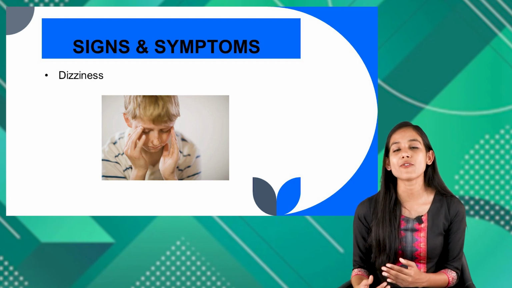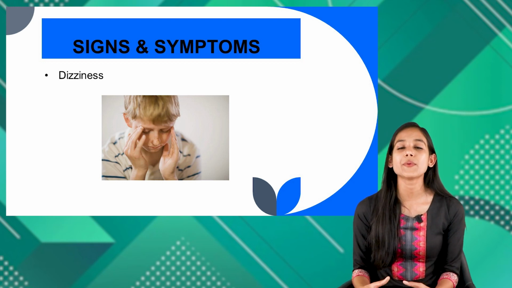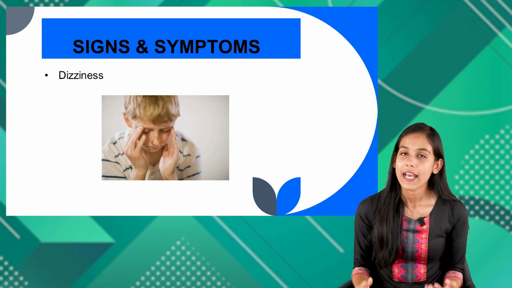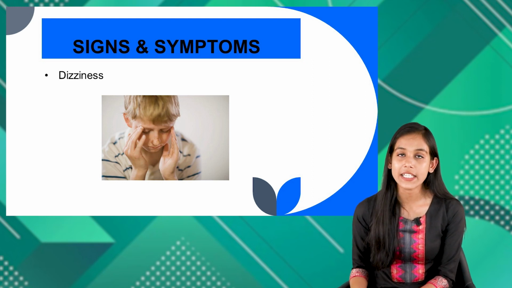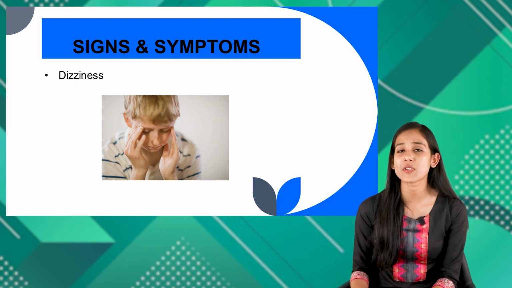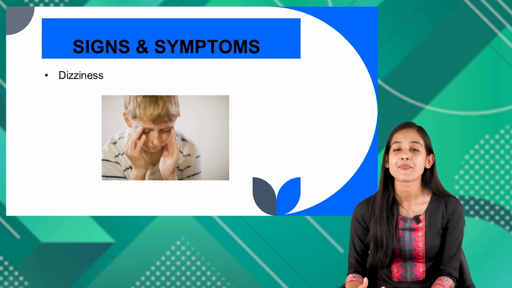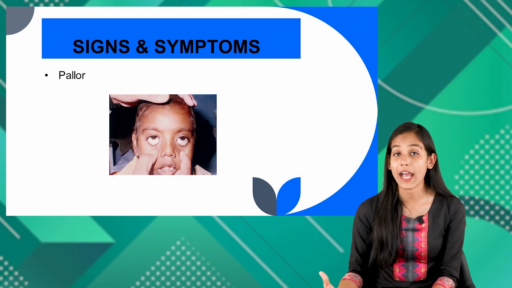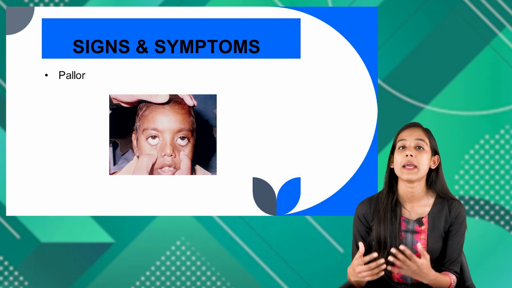So when there is lack of oxygen in the body, the child will become easily fatigued, and that's the reason the child will have fatigue. Also the child will have dizziness because of this lack of oxygen, and again because of lack of oxygen, the child will also have pallor.